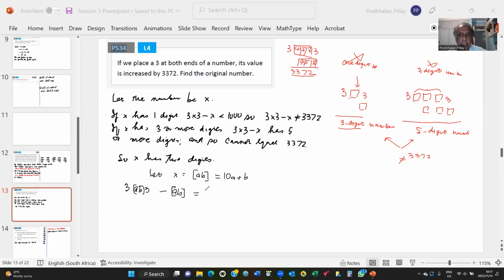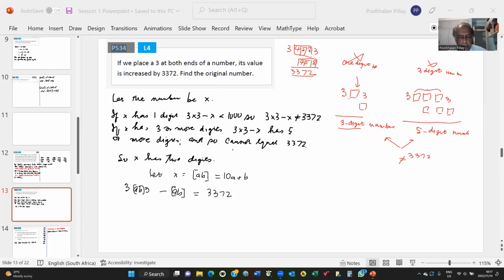And the answer is 3372. So the problem is to calculate X. In other words, what is the original number? X is the number that we're looking for.